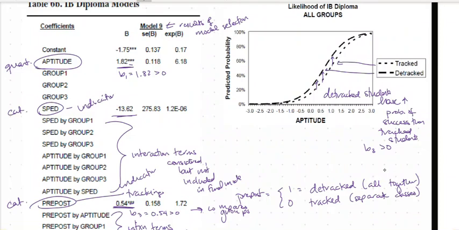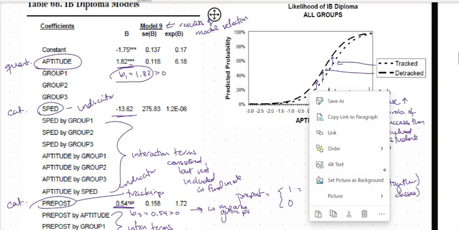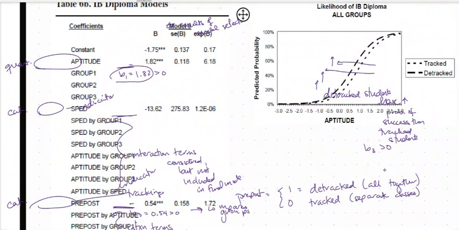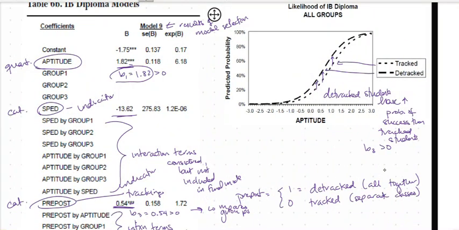This positive slope here for aptitude is telling us that we're going to have an S-curve, that as aptitude increases, for any fixed value of tracking, we're always going to see an increase in the probability. So that as aptitude increases, probability also increases.